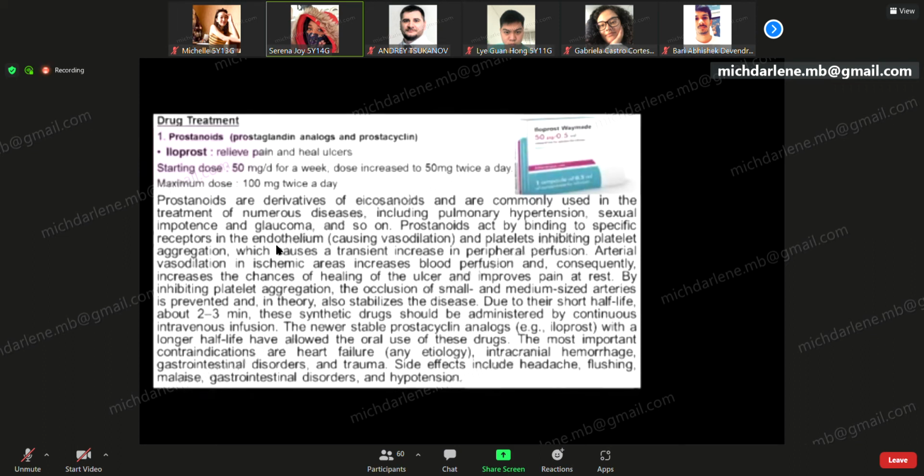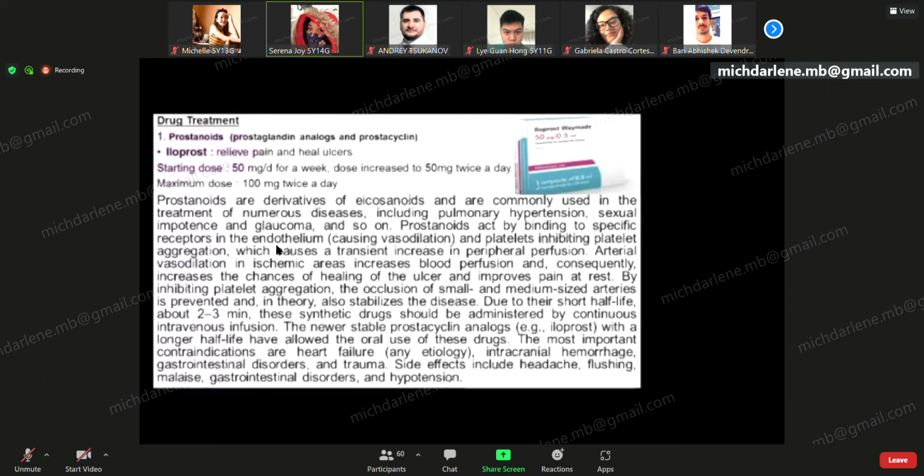Prostanoids act by binding to specific receptors in the endothelium, and platelets inhibit platelet aggregation, which causes a transient increase in peripheral perfusion.